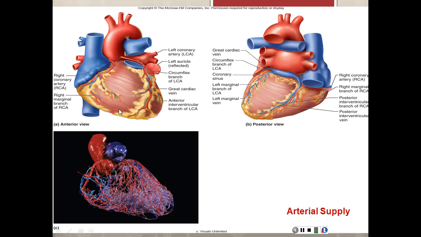Now the RCA, the right coronary artery, it continues around the right margin, and it sends a small branch to the atrioventricular node. Okay. Then it gives off a larger posterior interventricular branch, which we see on this side, which is the red one.